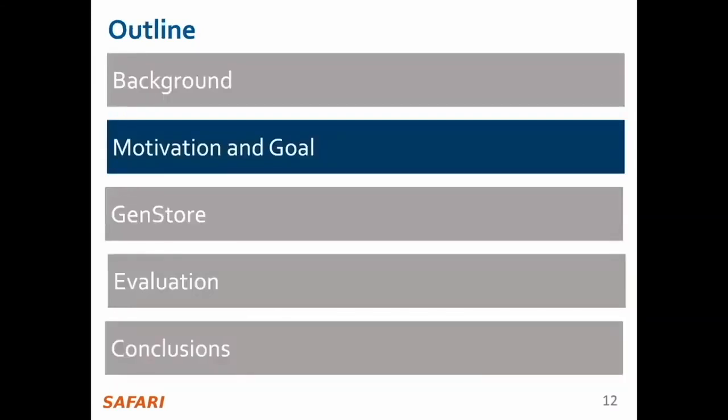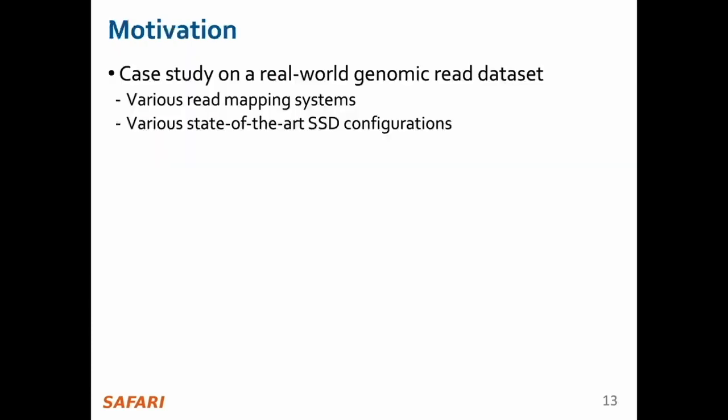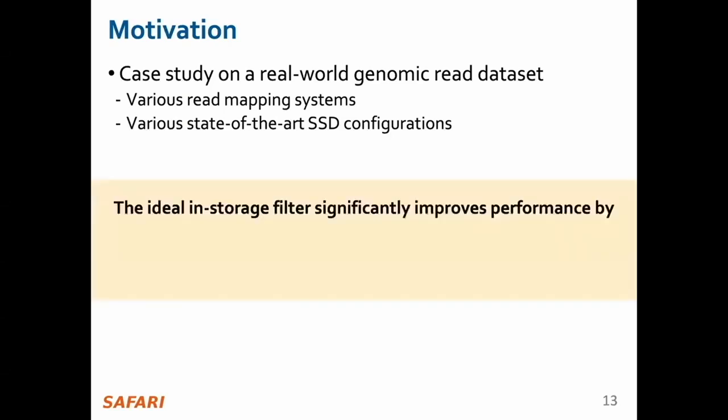So we perform experimental studies to understand the potential of an ideal in-storage filter for improving read mapping performance. To do that, we perform a case study on a real-world genomic data set on various read mapping systems and state-of-the-art SSD configurations.